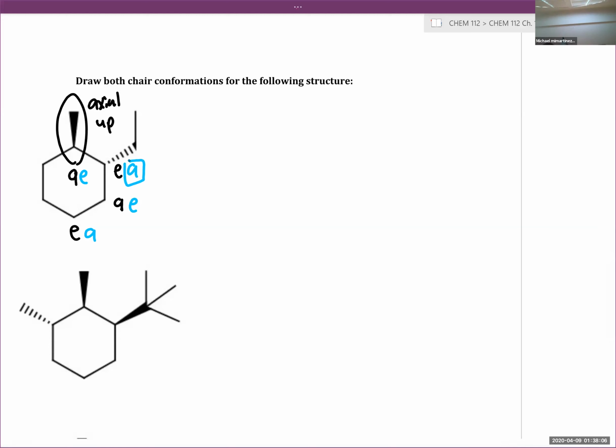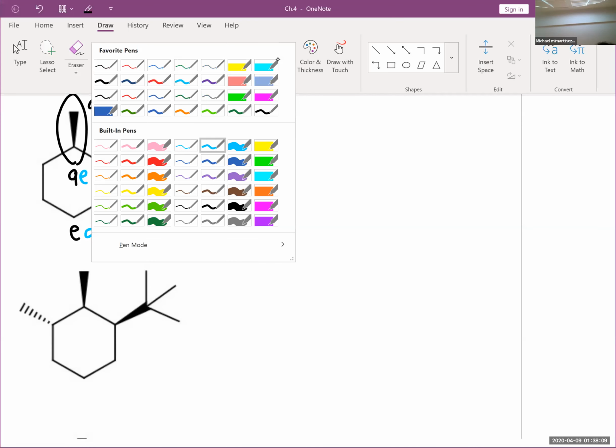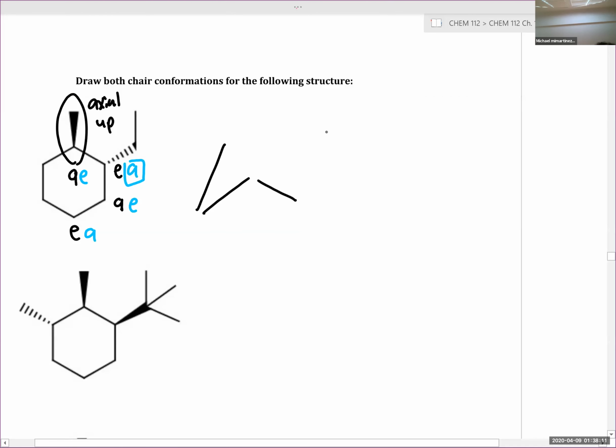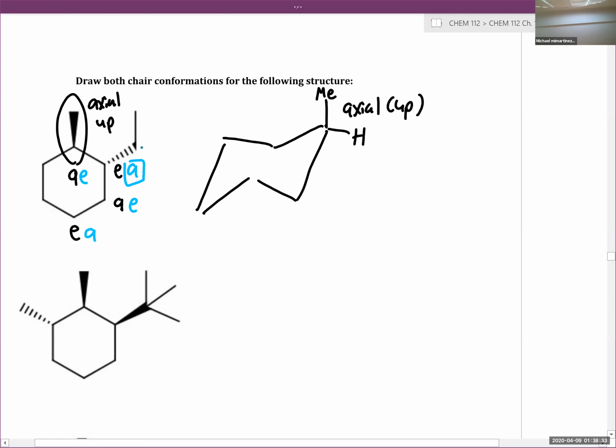Okay, so we're going to draw our right-facing chair conformation. And we're going to put the methyl group, Me, in the axial up position. Now, we're also going to draw our hydrogen in the equatorial down. Based on the dash associated with this ethyl group, will this ethyl group be axial or equatorial according to our counting method?